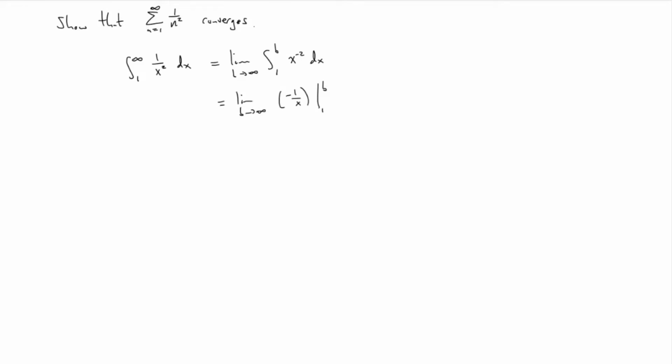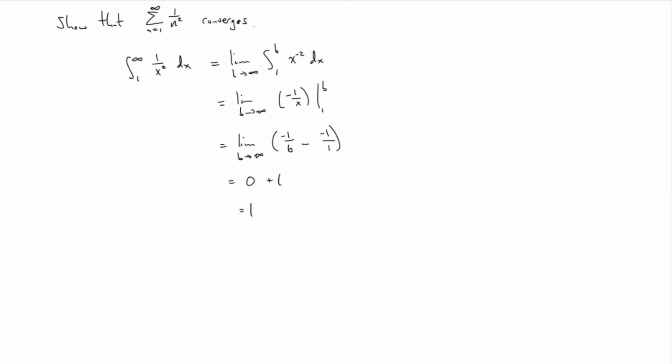You get x to the negative 1 over negative 1, which is negative 1 over x. And when you evaluate it from 1 to b, you get the limit as b goes to infinity of negative 1 over b minus negative 1 over 1. Well, as b goes to infinity, negative 1 over b goes to 0. And so simplifying, this improper integral converges to 1.